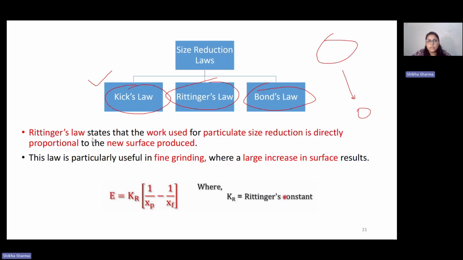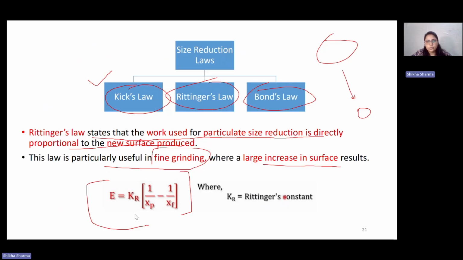So the Rittinger's law says that the work used for particulate size reduction is directly proportional to the new surface produced. This law is basically useful in fine grinding, where a large increase in surface results. The formula is E equals Kr times (1 upon Xp minus 1 upon Xf).